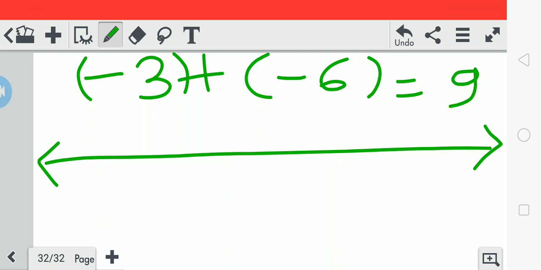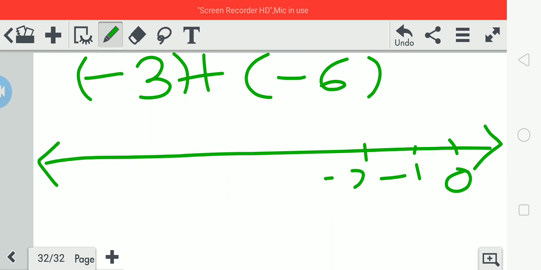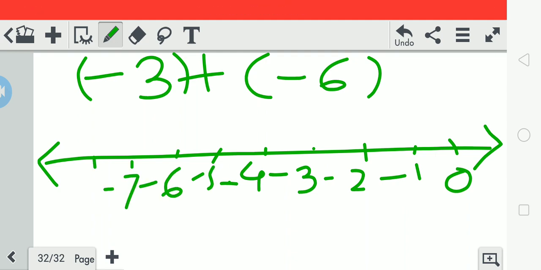And the common sign is negative here, so your answer must be minus 9. See how. Suppose we don't know the answer is minus 9: 0, minus 1, minus 2, minus 3, minus 4, minus 5, minus 6, minus 7, minus 8 and minus 9.